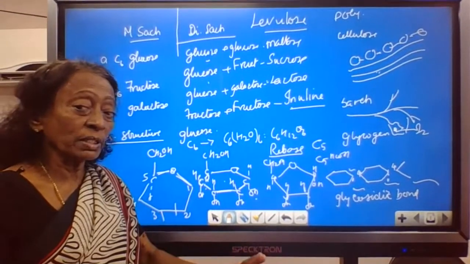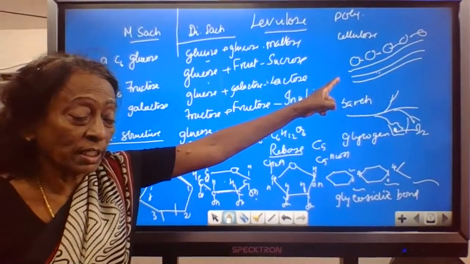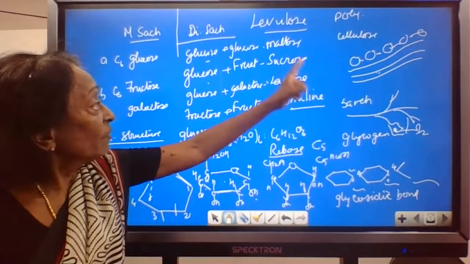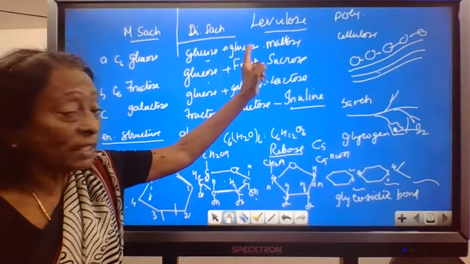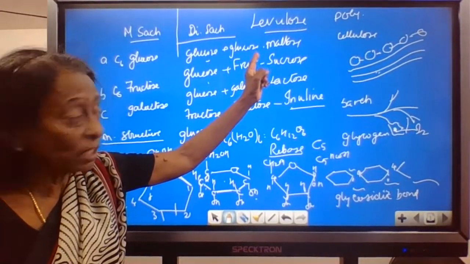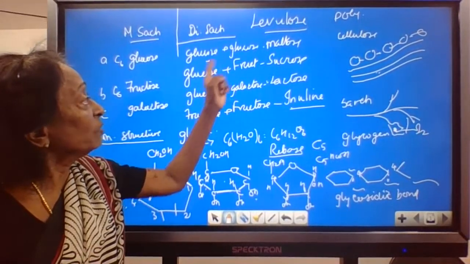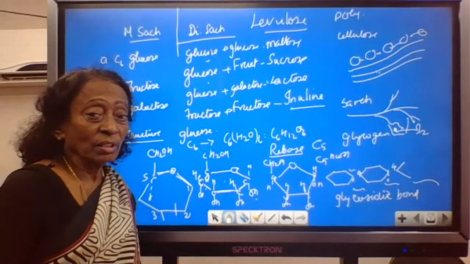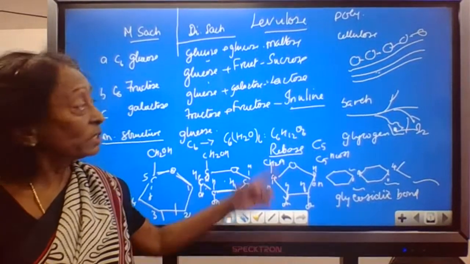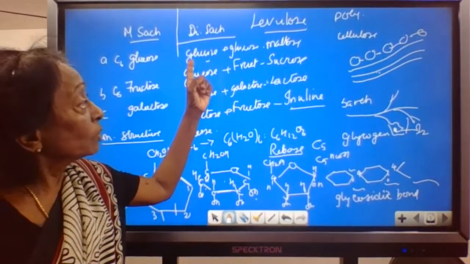The basic components: when I say cellulose, the basic component is only glucose. If I say maltose, the basic component is only glucose. But if I mention lactose or sucrose, they'll give you the pair. If they give you cellulose, they will give you glucose.